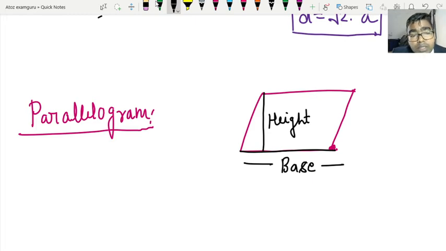What is a parallelogram? In a parallelogram, opposite sides are parallel, right friends?